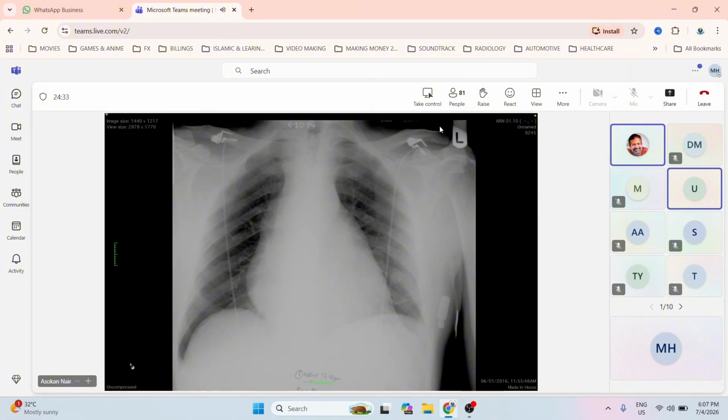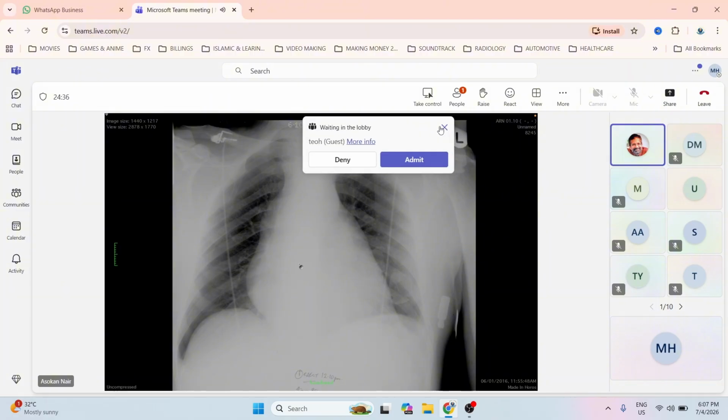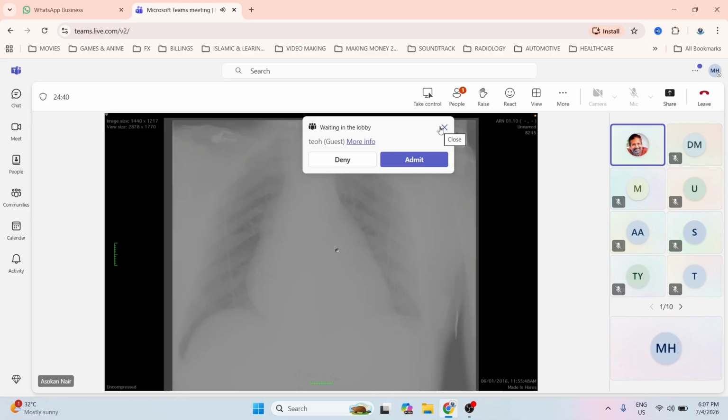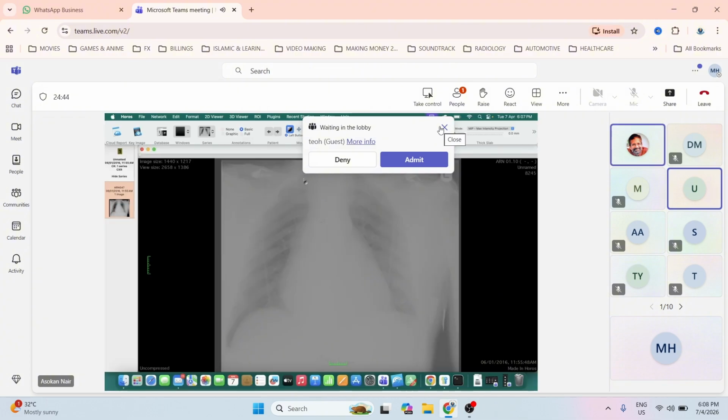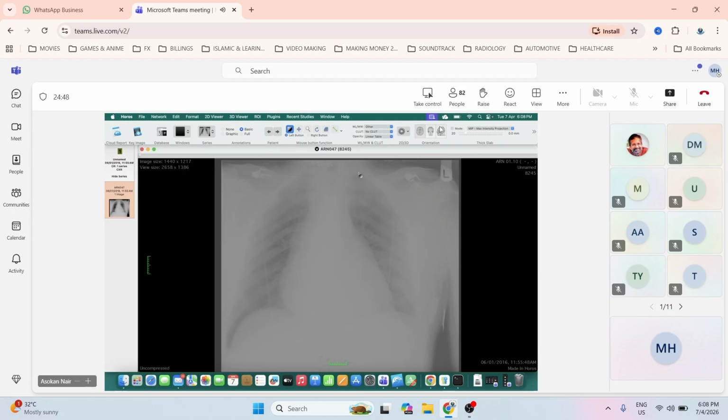Because you see, for such a big heart, something is not right. Why can you hardly see the vessels? Why is that? What's happening? Why is it that you can hardly see the vessels?